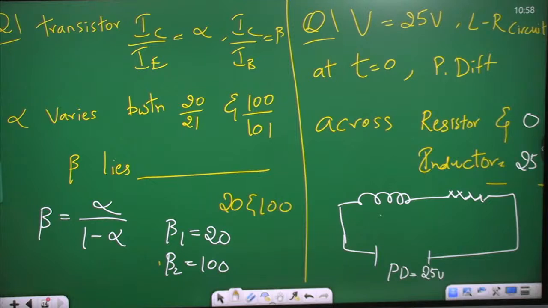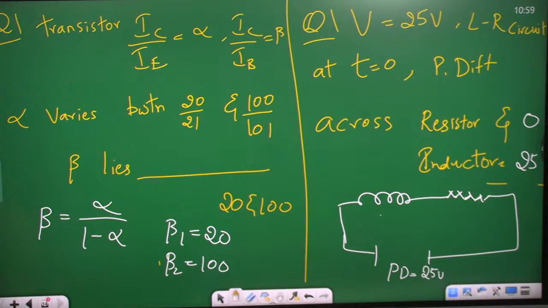We are just closing the switch. So current increases. The di by dt keeps increasing. So there will be a resistance offered by the inductor. So the complete potential drop across the inductor. So at time t equal to infinity, I becomes constant and di by dt will be 0. So the inductor won't offer any resistance.